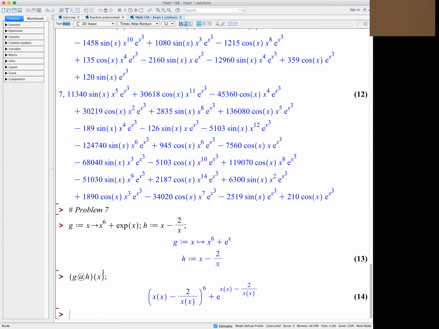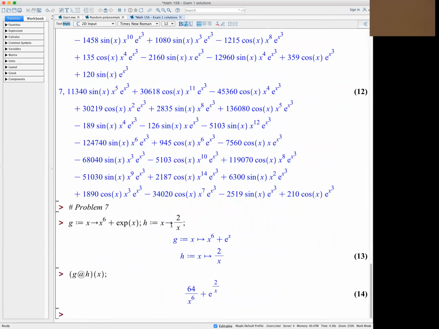Oops. Right. Oops, I forgot to write. There we are. Now we have the function. So g of h of x, you put 2 over x in for x, you get 64 over x to the 6 plus e to the 2 over x.